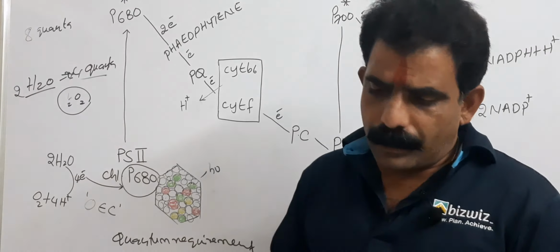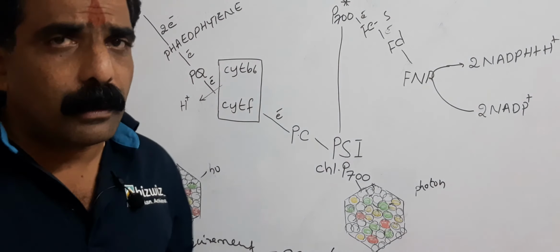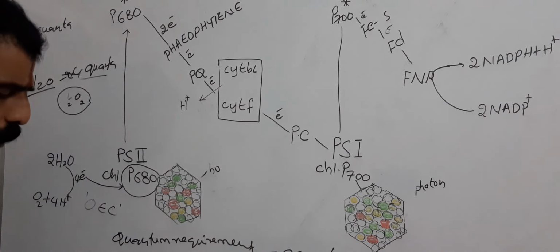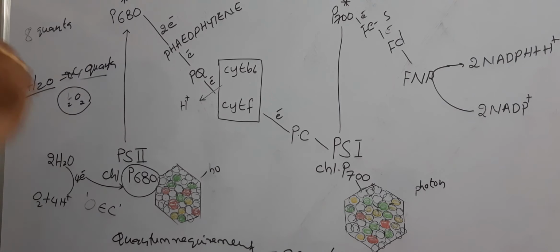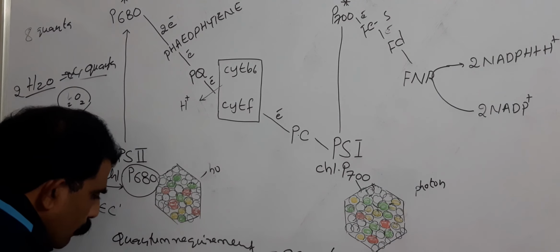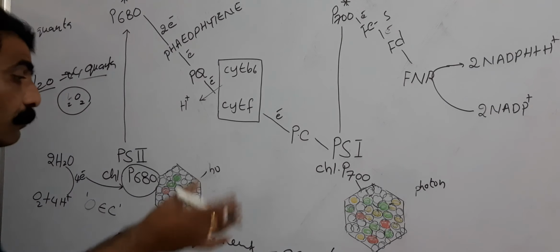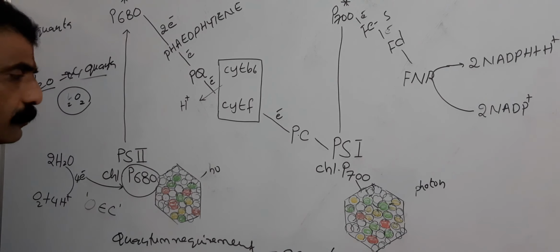Quantum requirement means the amount of quanta required to evolve one oxygen. Quantum yield means the amount of oxygen which is evolved on the absorption of 1 quantum, that is equal to 1 by 8. Quantum requirement is equal to 8 quanta.